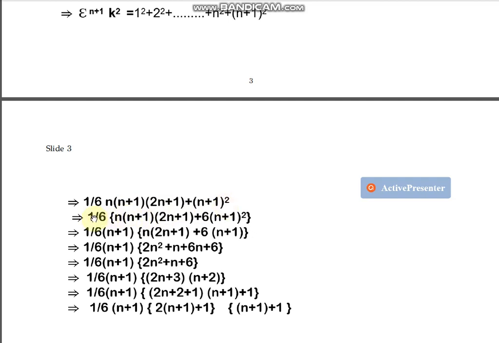Then from there we are having 1 over 6, and when you expand this, we are placing the n inside the larger bracket, having n as a factor of n plus 1, then 2n plus 1, then plus 6 times n plus 1 squared. Somebody can ask himself or herself, where is this 6 coming from?